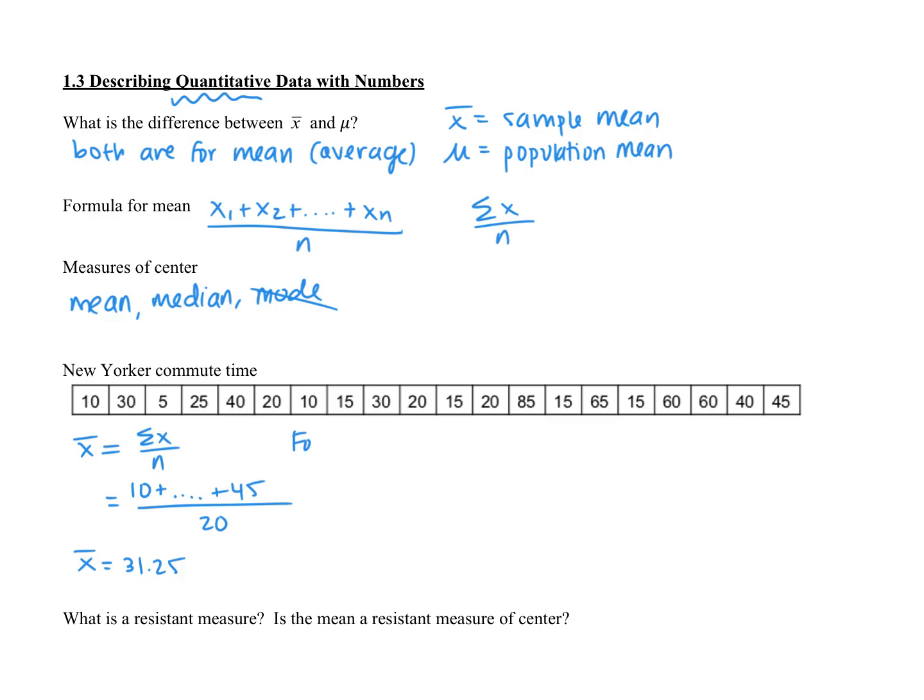So for the New Yorkers, in this sample, the average commute time is 31.25 minutes. Do not round your answer. So don't say that it's 31.